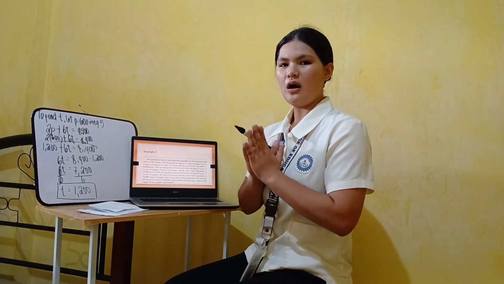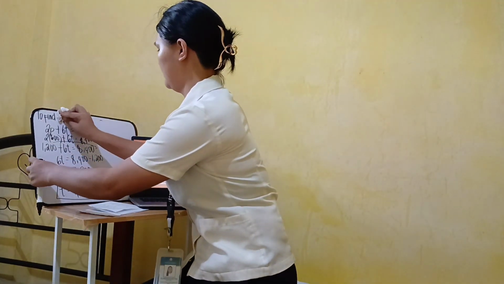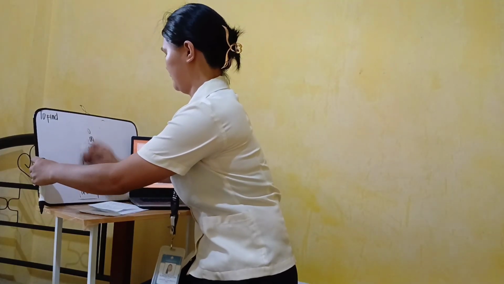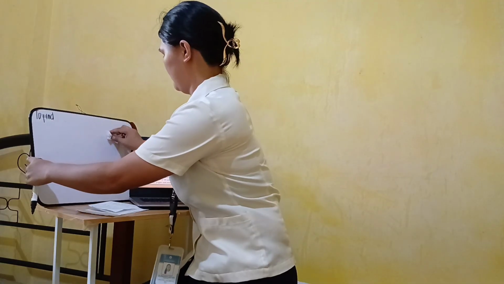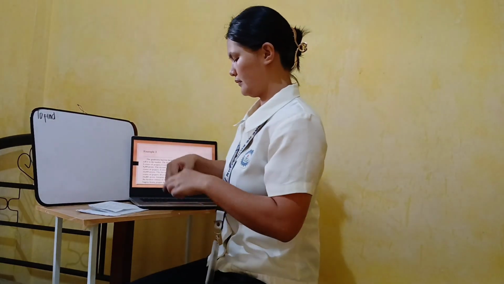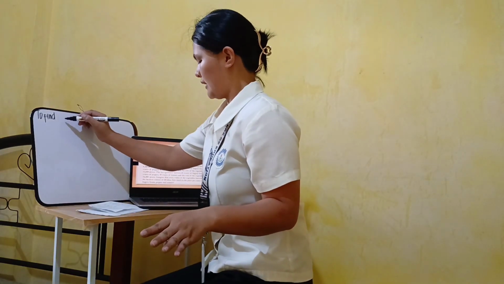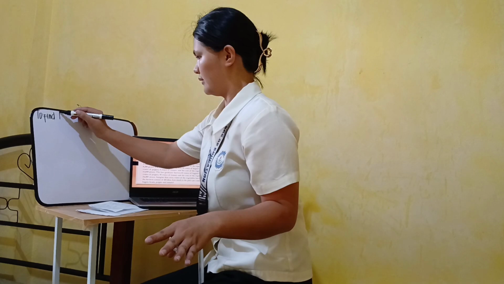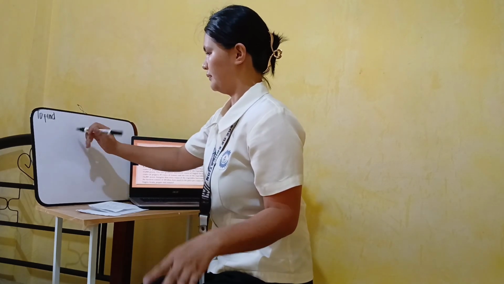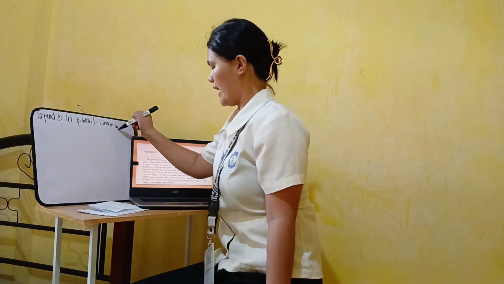We will get the value of B. To find B, or the total cost per crate of Baguio beans, we let p is equal to 600 and t is equal to 1,200 in equation 1.